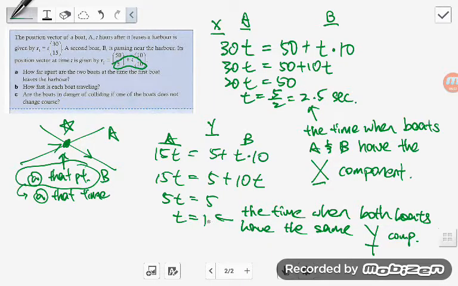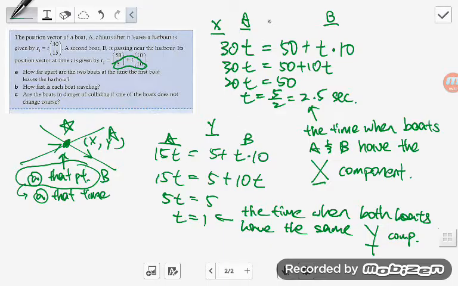So when time is equal to 1, these two boats have the same y component. When time is equal to 2.5, that's when the two boats have the same x component. However, in order for them to hit each other, they must have the same x and y, right? The exact same x and y component at that time.